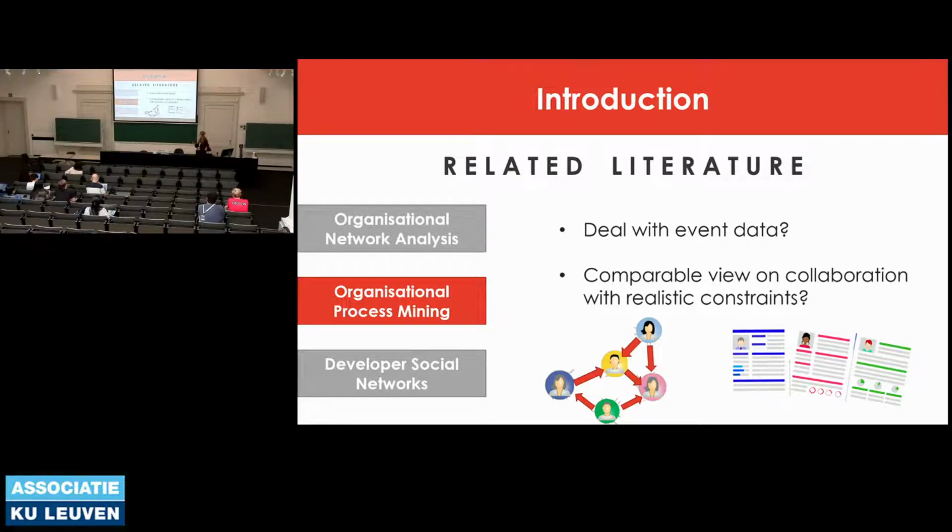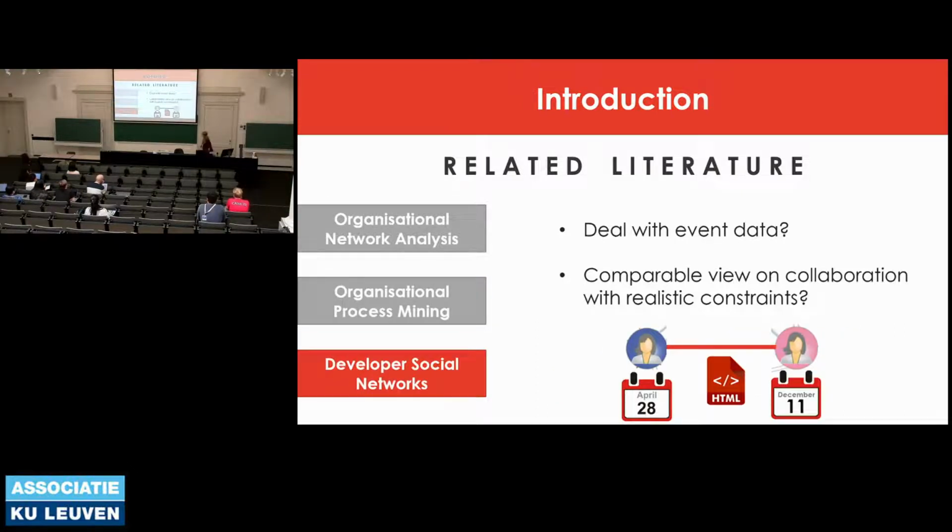For example, they look at activities that follow each other, where the first activity is executed by one resource, the next by another, and they call that handover of work networks. That is not really collaboration, in my opinion. They also look at resource profile similarities, so resources that carry out the same type of activities, but it's also not really collaboration.